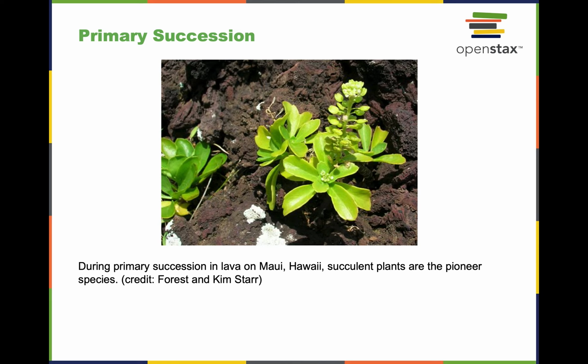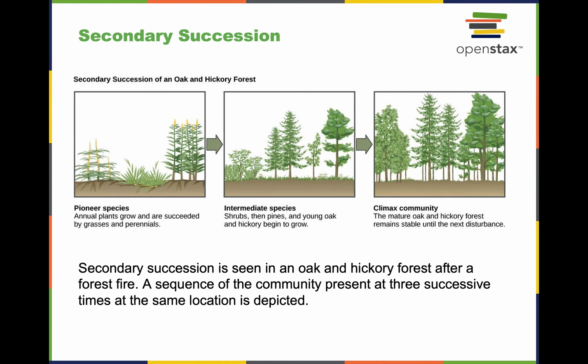So life starts growing in a bare rock that didn't exist before, or rock that is exposed after being covered by a glacier for millions of years. That's called primary succession.